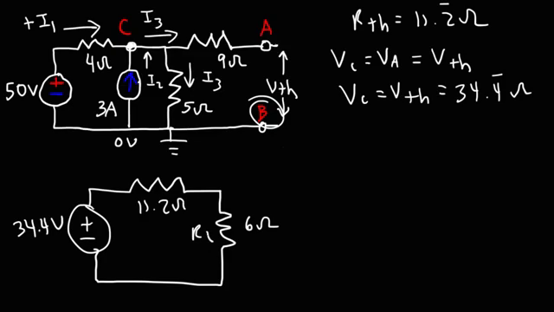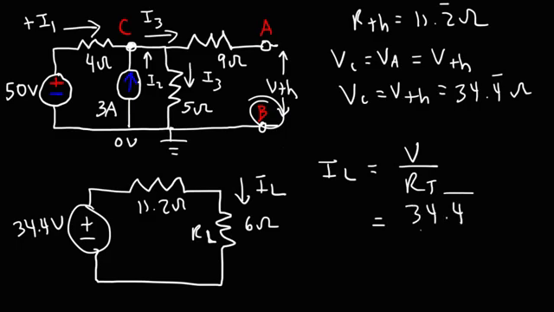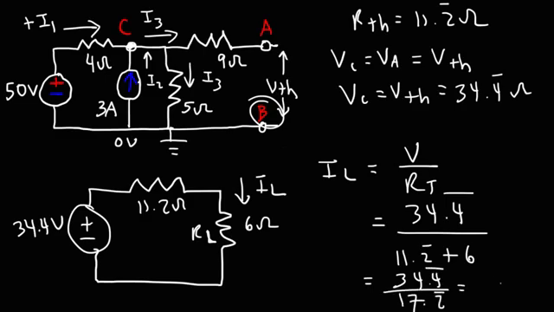So now we can calculate the current flowing through the load resistance. So that current is going to be the voltage divided by these two resistors in series. The voltage is 34.4 repeating, and the resistance is going to be 11.2 repeating plus 6. So that's 34.4 repeating over 17.2 repeating, which gives us a current of 2 amps. So that is the current flowing through the load resistor.